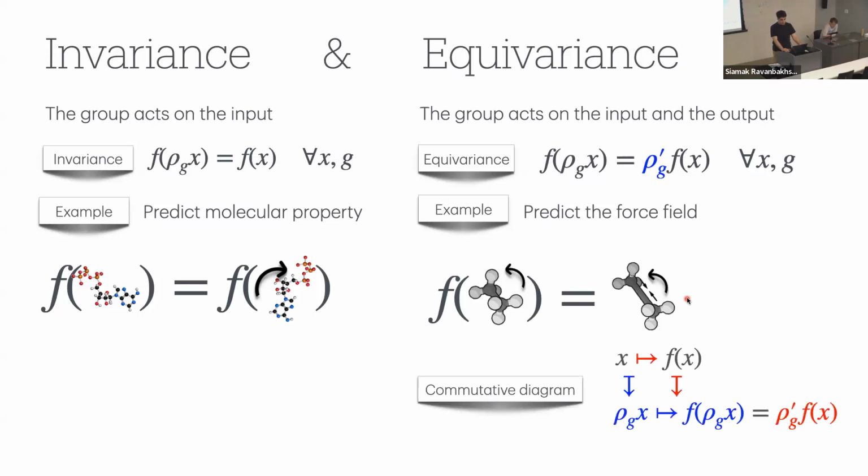And this is usually visualized using these commutative diagrams. So you have the input x, you are transforming it and then feeding it to the function, or you first feed it to the function and then transform the result, and you want these two to agree, meaning that you want the diagram to commute.